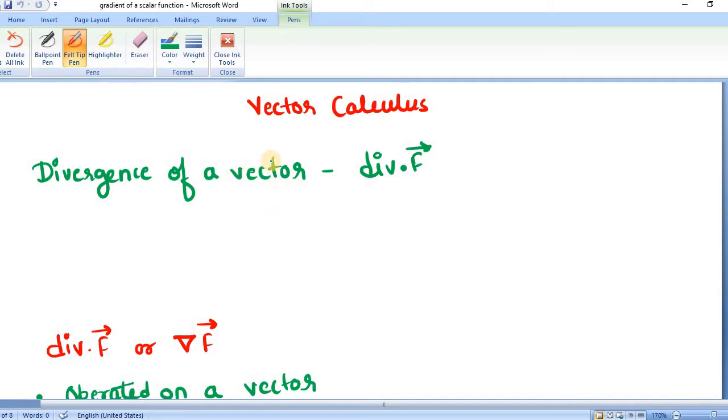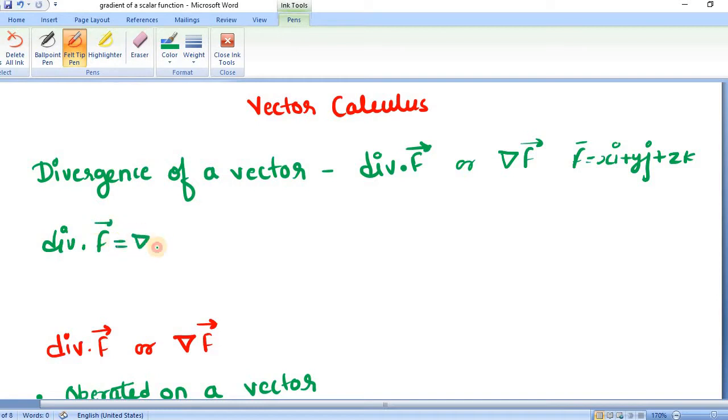So, divergence of a vector is represented by div f, or it can also be represented as del dot f, where f is a vector quantity. So let us consider if f is a vector quantity that is represented by xi plus yj plus zk, then the divergence of f, which is div f, it's also written as del dot f, so it's a dot product in between.